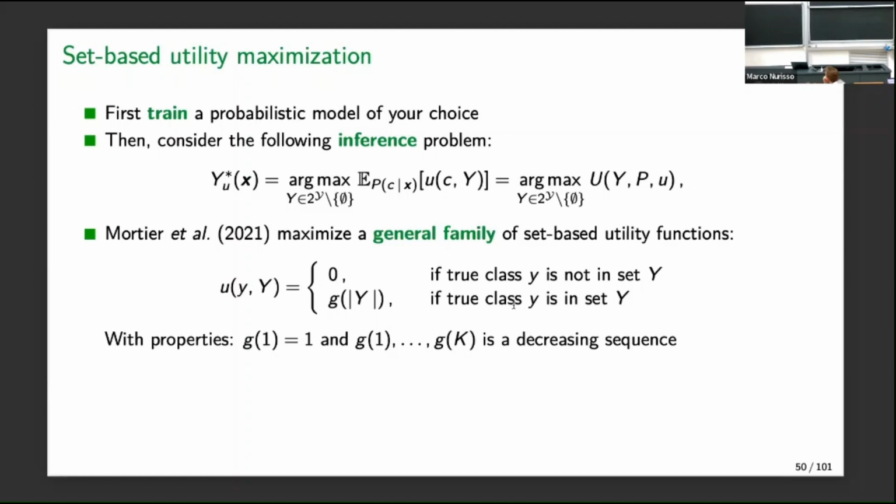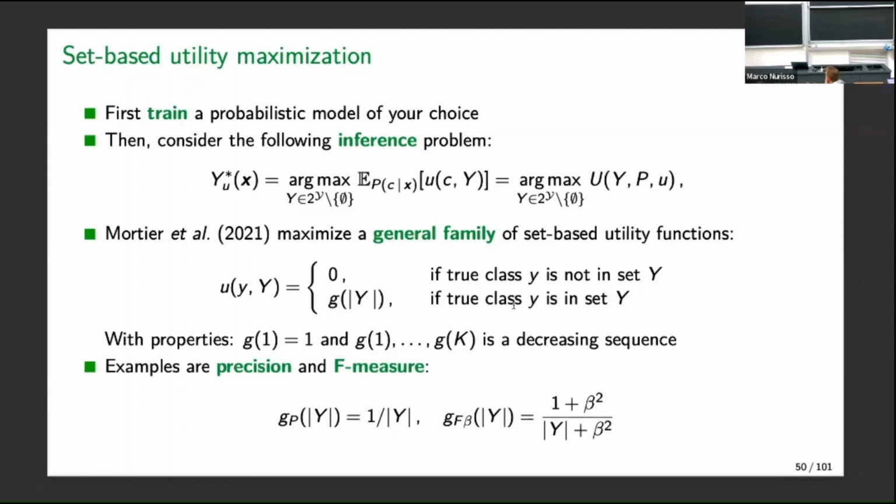And if the true label is in the set, then we have a reward that depends on the size of the set. This reward is expressed by this function G. We assume that we have a reward of 1 when the set size is exactly 1, and then it should be a decreasing sequence. If we predict a larger set, the reward that we get should be smaller.